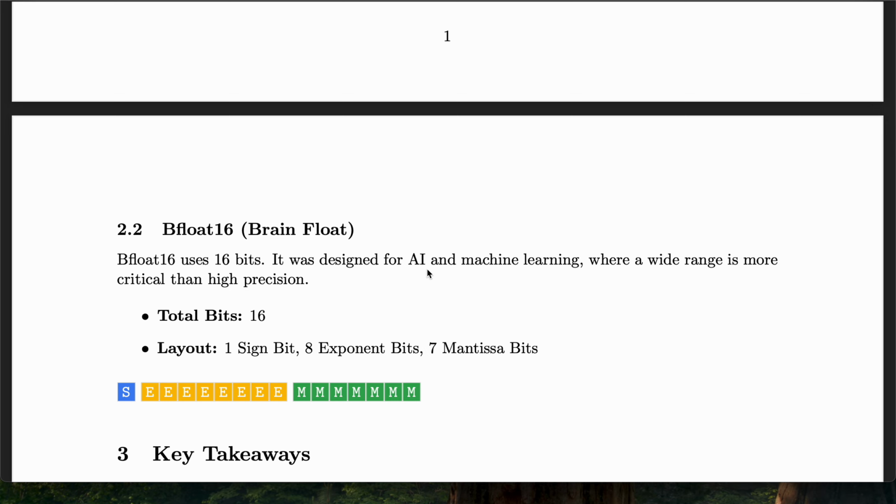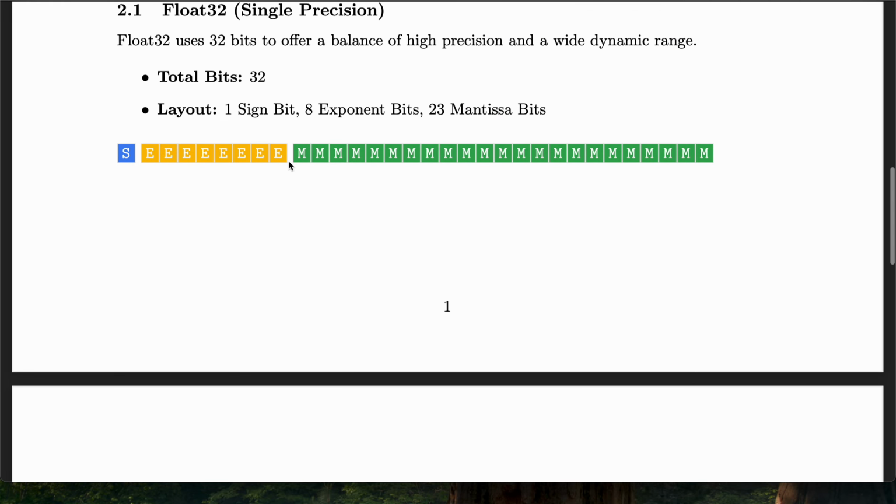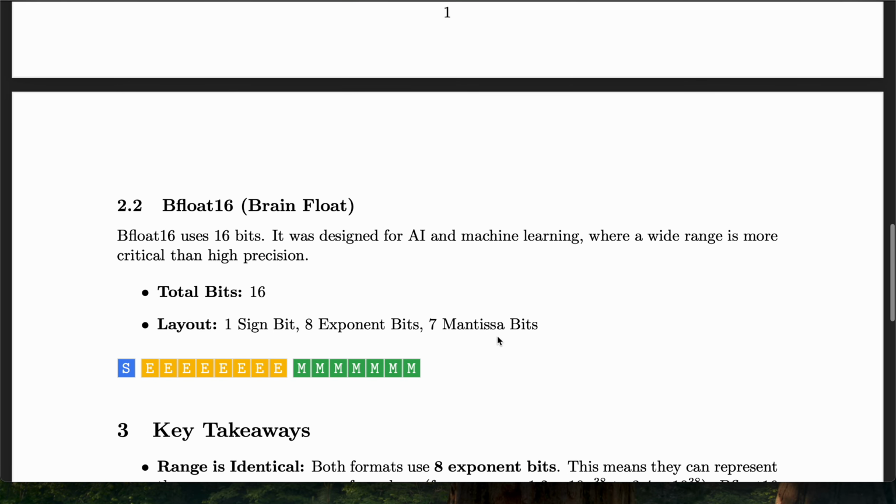Now, let's look at the Bfloat16. It was designed for AI and machine learning, where a wide range is more critical than high precision. So as you can see, it's only 16 bits. It has the same 1 bit for the sign, whether it's positive or negative, and it has the same exponent bits. As you can see, it has 8 exponent bits, just like the float32. However, the mantissa bits over here are only 7.